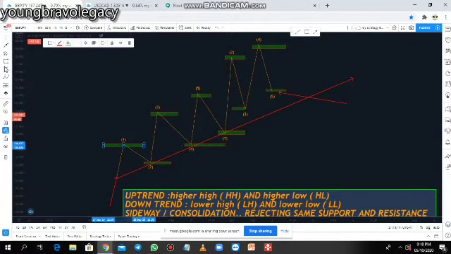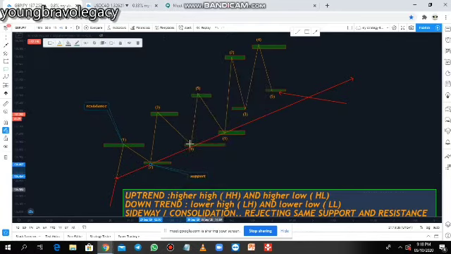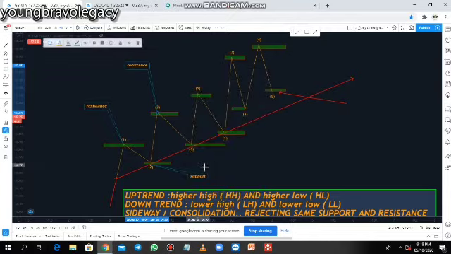Now based on our knowledge so far, we know this is resistance. This is resistance. If you don't know all this, you are not supposed to be here. We know this is support. If you can't label this support and resistance, you are not supposed to be here.